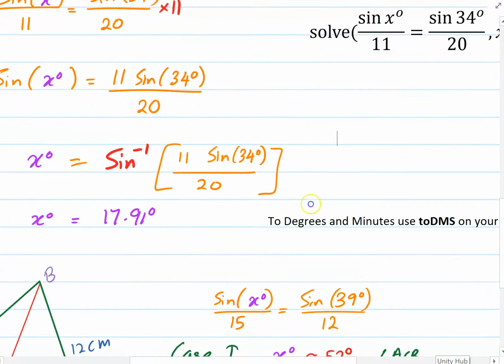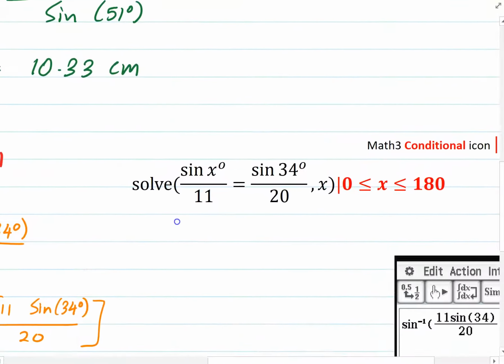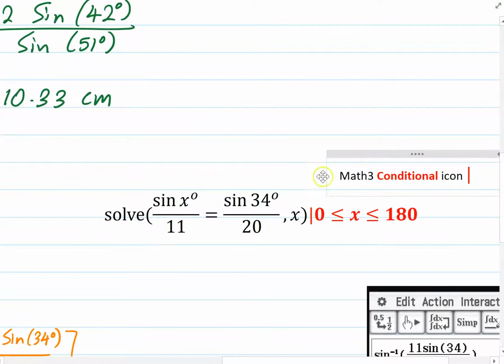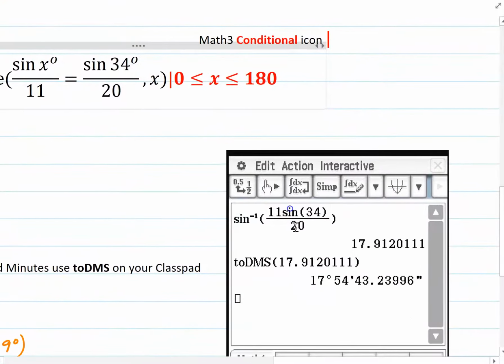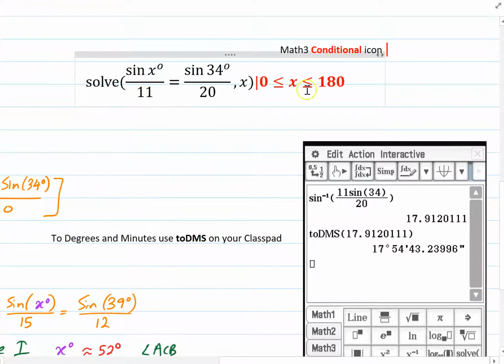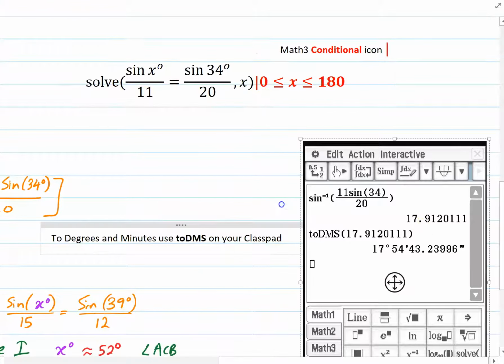Of course, you can also use solve in the CAS calculator and make sure you give the condition that x is between 0 and 180 to get that answer. You need to put that in unless you type the sine inverse expression that you wrote at the end. So if I were to solve, then give the condition. The condition is under Math 3 here.